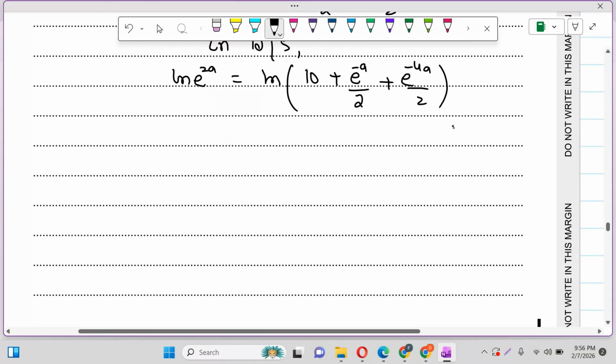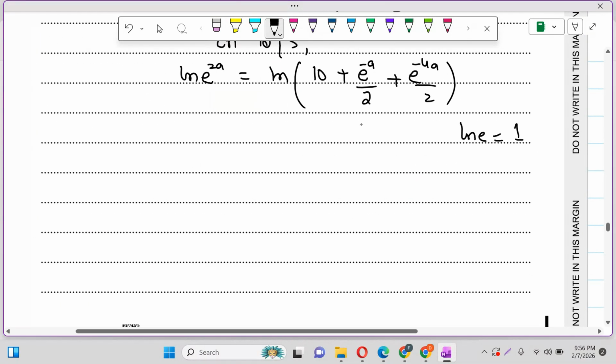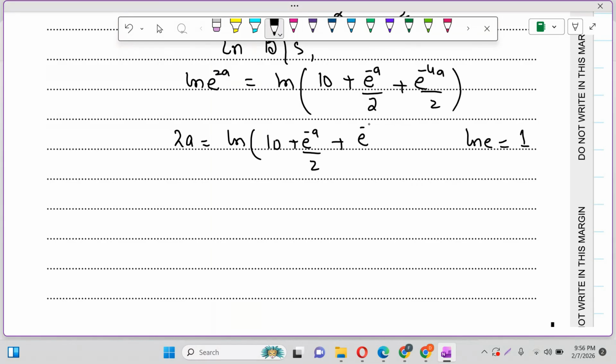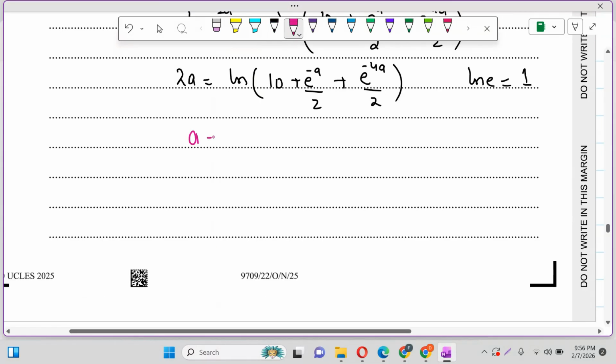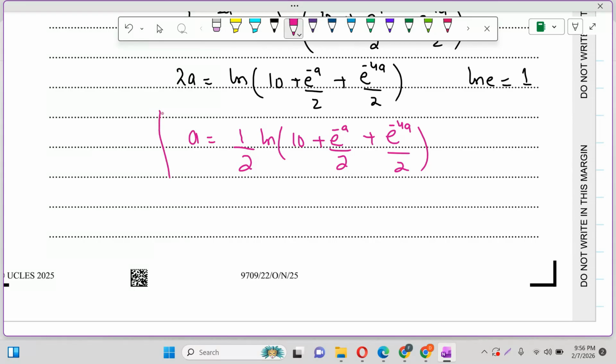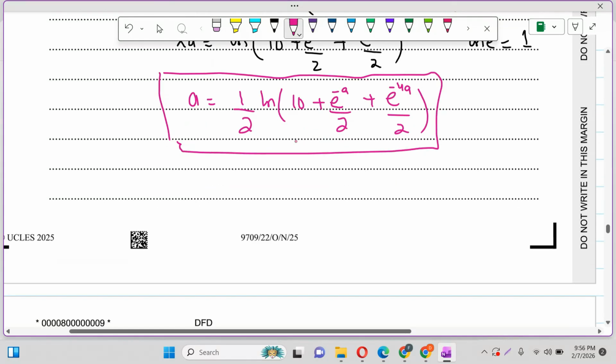And we know that ln e is equal to 1, so we can write 2a is equal to ln of 10 plus exponential of negative a over 2 plus exponential of negative 4a over 2. a is equal to 1 over 2 ln of 10 plus exponential of negative a over 2 plus exponential of negative 4a over 2. So this is the required value of a.